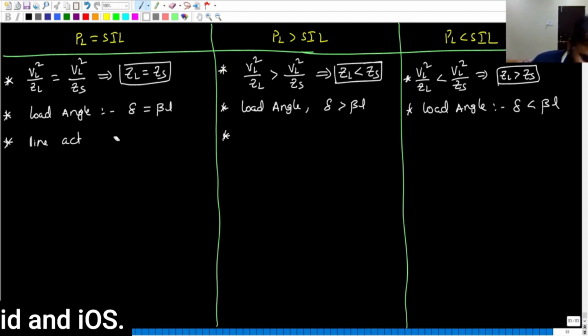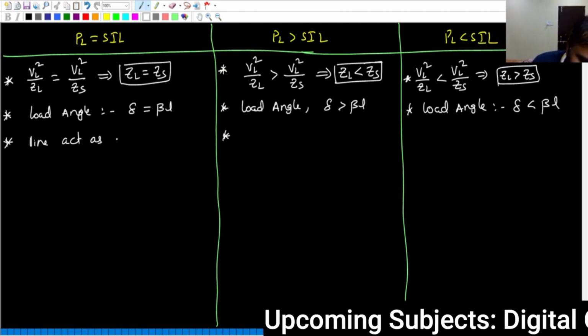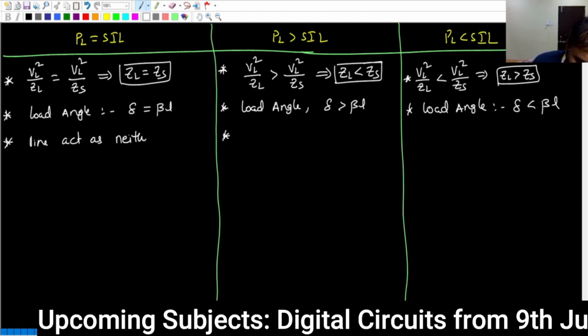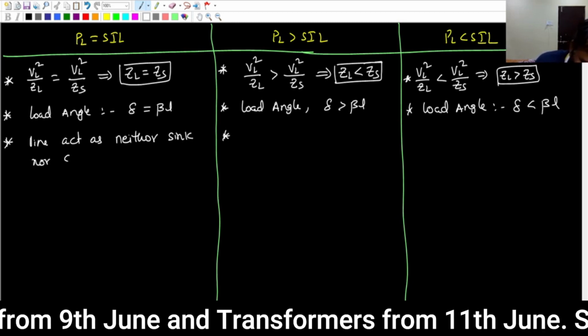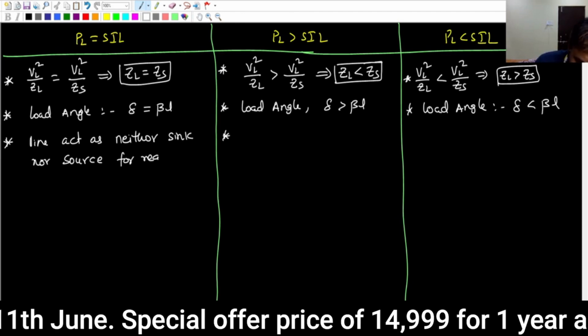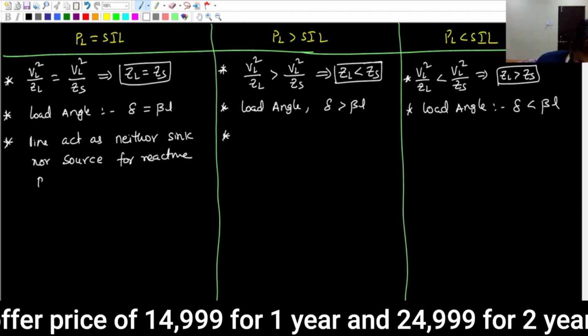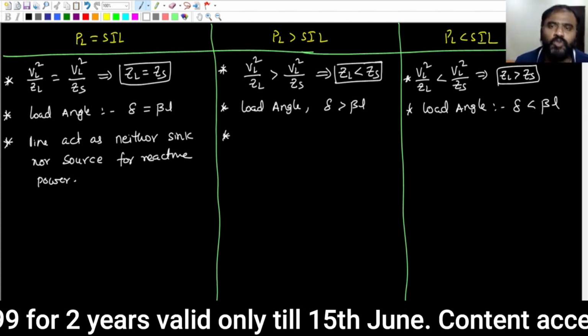That's why the line acts as neither sink nor source for reactive power here.